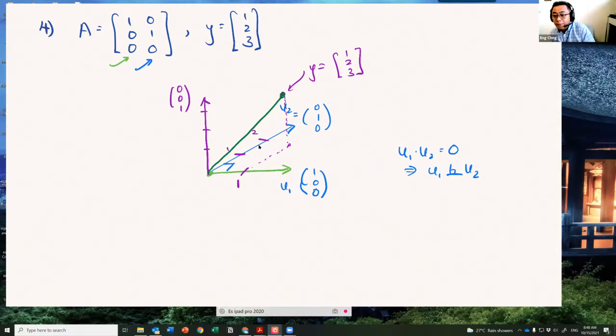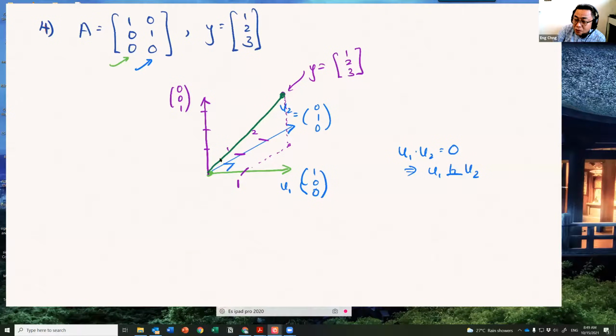So you will realize that it is now obvious that if I only have U1 and U2, my linear combination is only the horizontal plane on the floor, and my Y is up there at a height of 3.